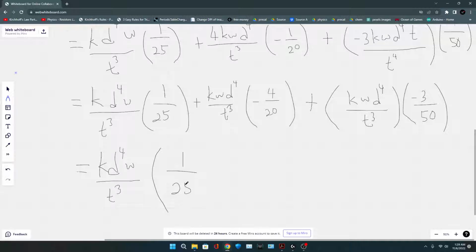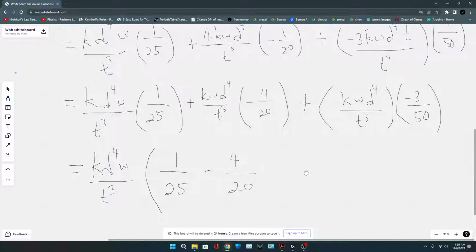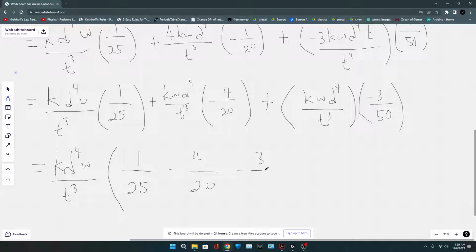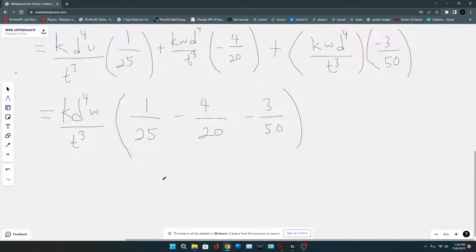So, 1/25. Ni tolak dengan 4/20. Okay. 4/20 tolak dengan 3/50. Okay, salin balik lah. KD to the power of 4 W divided by T cube.